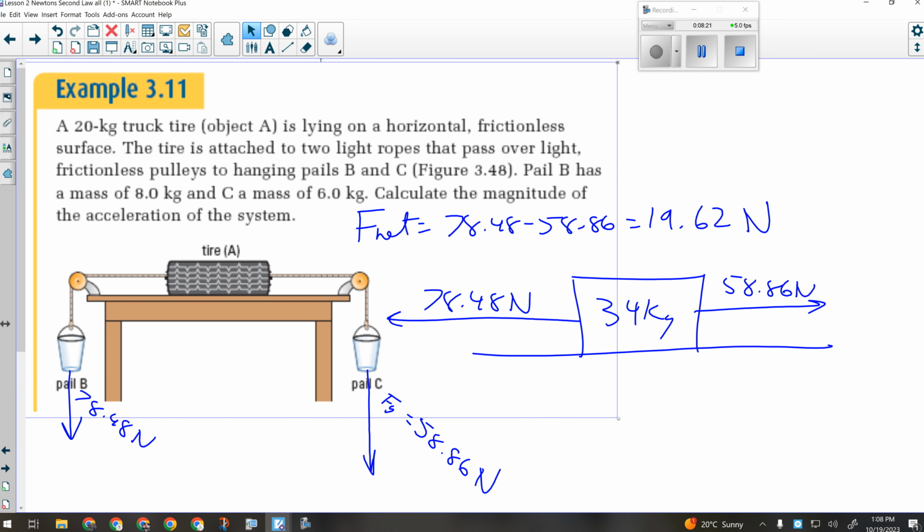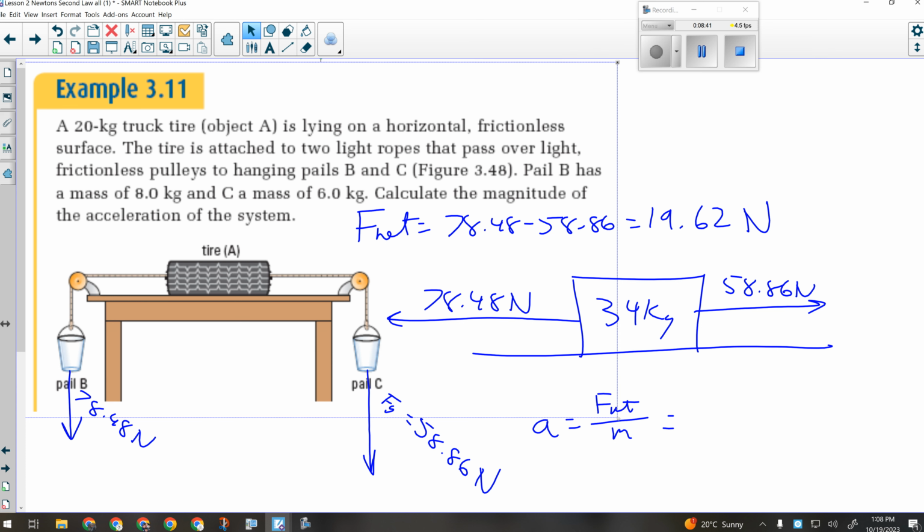Okay, so I've got a net force of 19.62 newtons this way. The vector's not going to matter, we already said, because we're actually calculating the acceleration of the system. So acceleration will be F net divided by m, right?